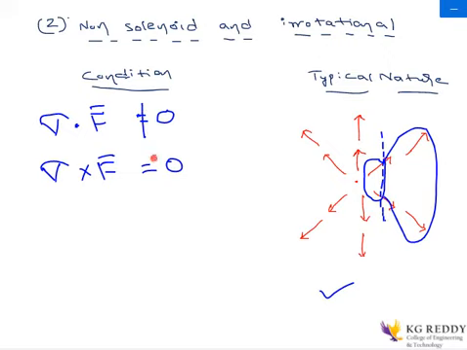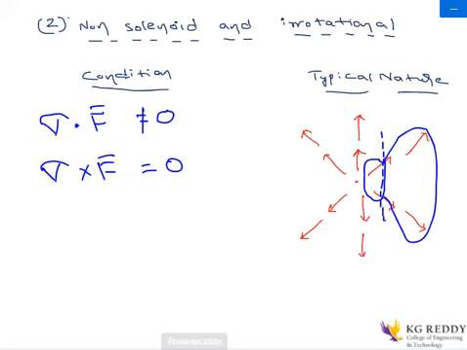Either it can create a sink or it can create a source. So these are the two things where we see that both are irrotational, but one is a solenoid and the other is a non-solenoid.